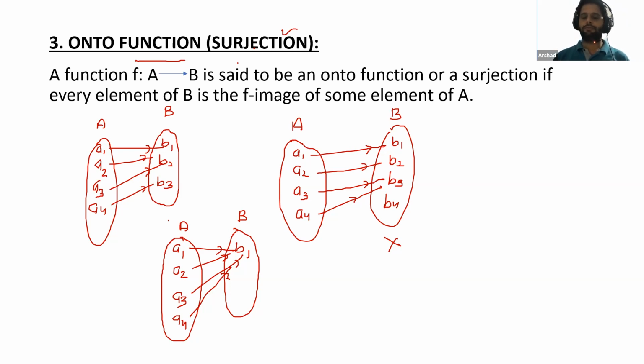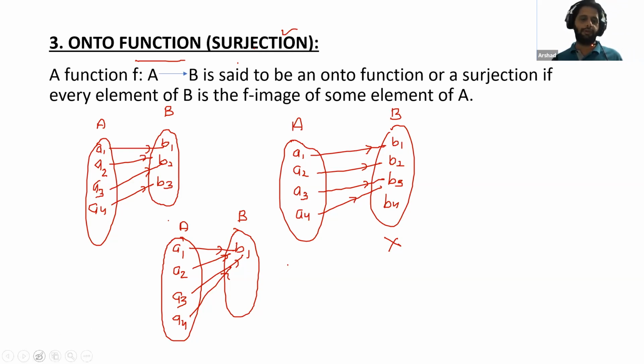Good, Atif. Huzefa, is this an onto function or not? Huzefa, yes or no?